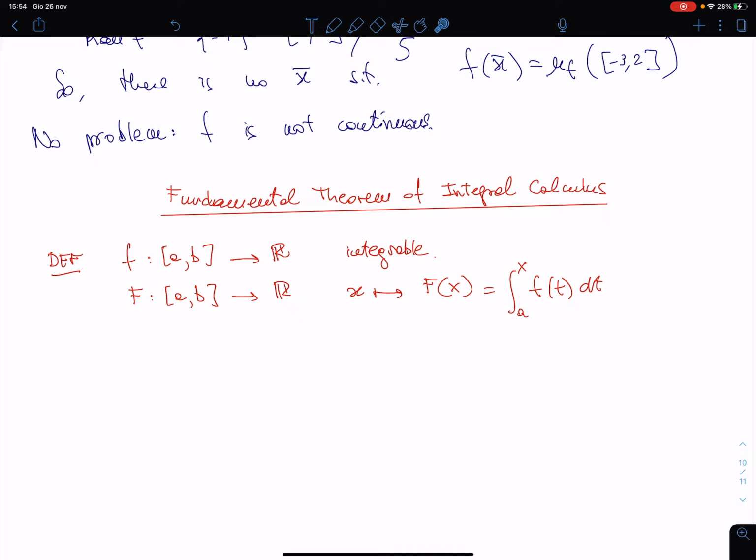And this is called the integral function of small f.